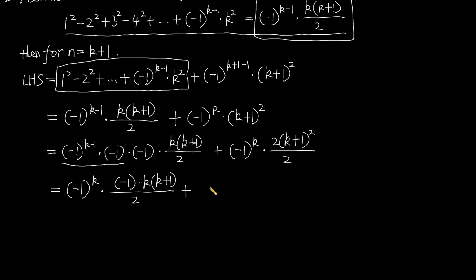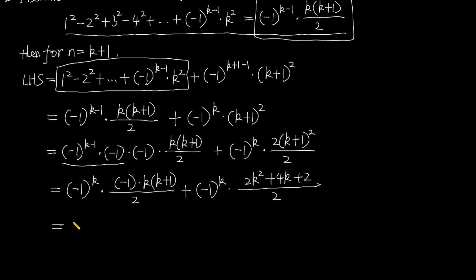Now plus, is also -1 to the power of p multiply here 2. We remove the brackets. So here is 2p squared plus 4p plus 2.